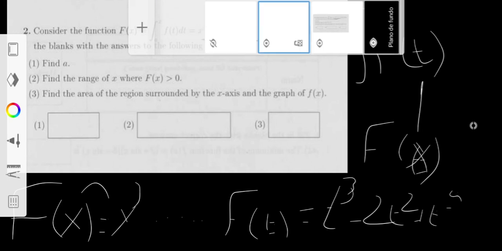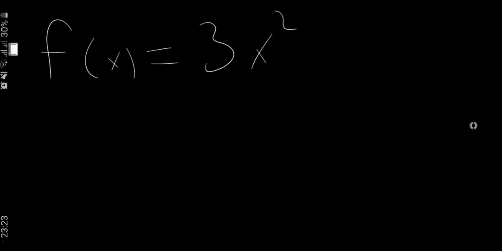We did calculate it, okay? The small f of x, actually it was f of t, but if you put x in the place of t to find the f of x, you will find that it was 3x squared minus 4x plus 1.